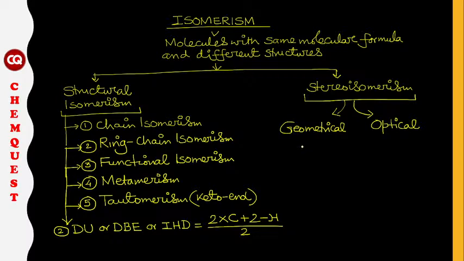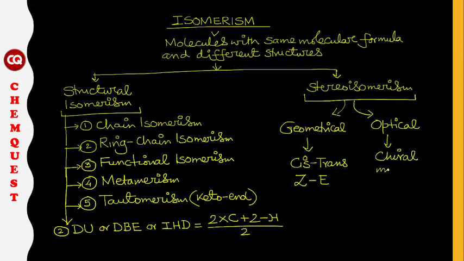In geometrical isomerism, mainly two types of isomers: cis, same groups on the same side of the double bond or plane, and trans; Z, same priority groups on the same side, and E, opposite side. In optical part, you only have to identify the chiral molecules.